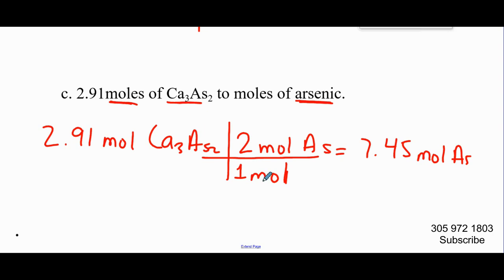Divide by mole, which is the standard, 1 mole, and it wants me to go to arsenic, which is As. And I write this 2 from the compound over here, and I multiply. 2.91 times 2 divided by 1 gives me 7.45. That is the end of question 1. Let's go to question 2.